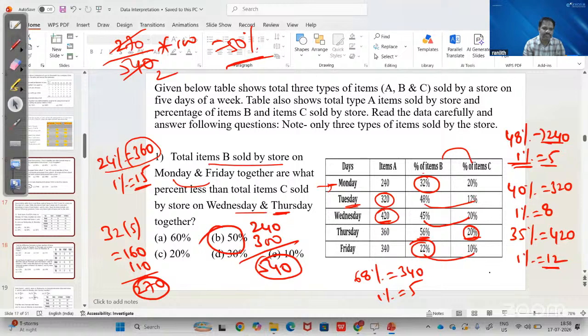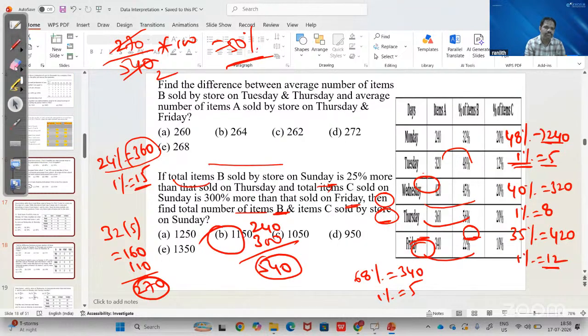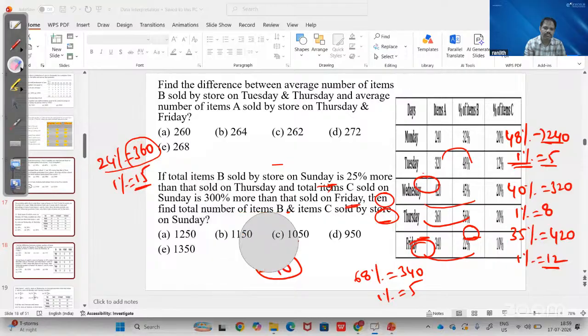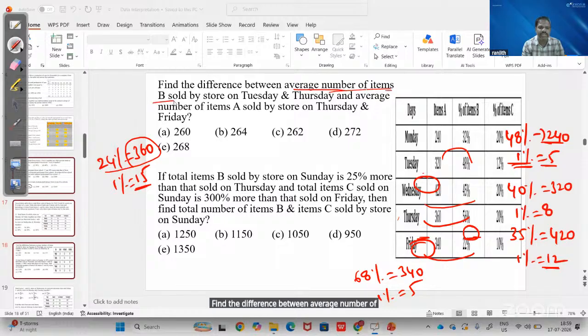Next question. Find the difference between the average number of items B sold on Tuesday and Thursday.